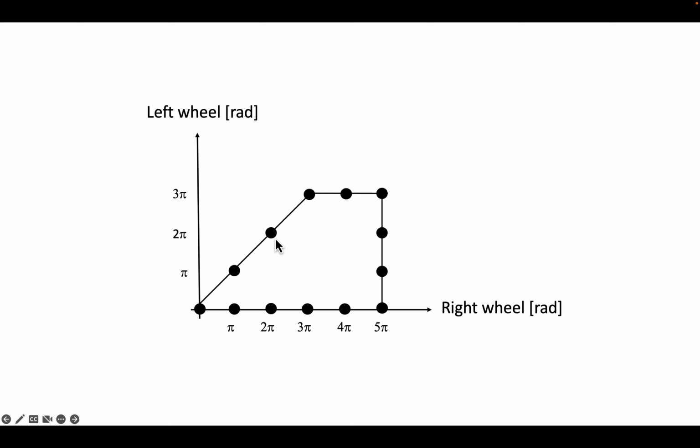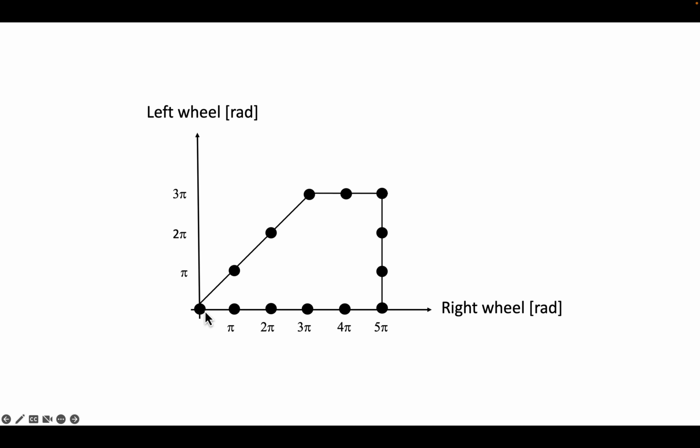Now I want to stop rotating the left wheel and keep it at 3 pi, but just rotate the right wheel, so the robot makes a left turn. And then I wind the left wheel backwards until I arrive at 0 with it, and then I rewind the right wheel to be at 0 as well.